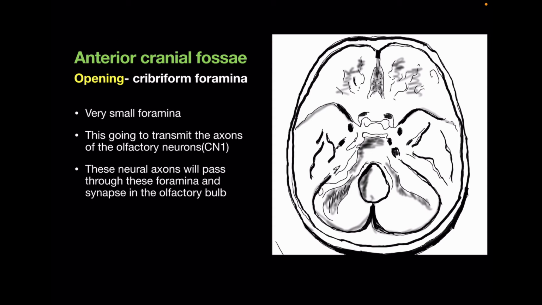Now let's discuss each fossa individually, about its openings. First, we are talking about anterior cranial fossa. The first structural feature to point out here is cribriform foramina. We will see here in the picture.